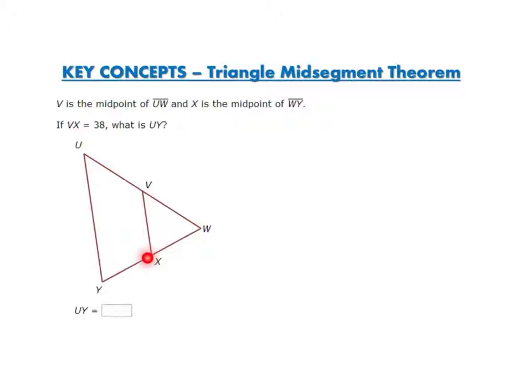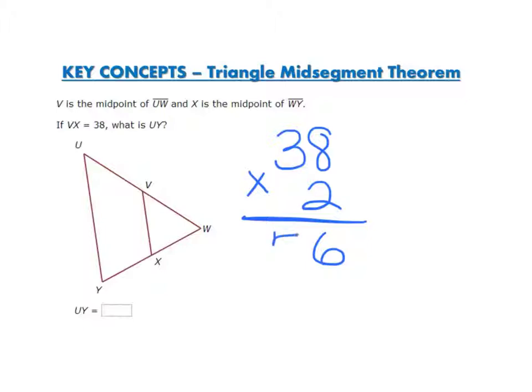If VX equals 38, what is UY? Again, remember that the third side is twice as long as the shorter side. So I'm going to take 38 times 2, and I get 76. So UY equals 76.